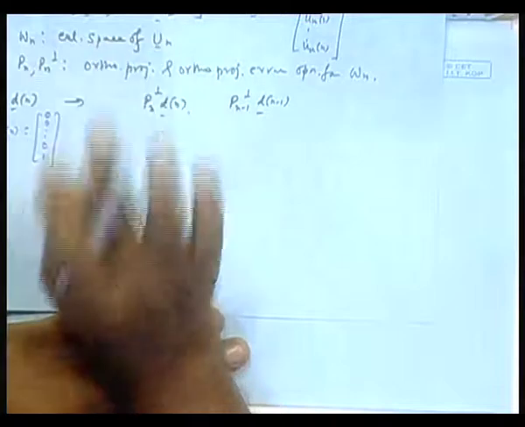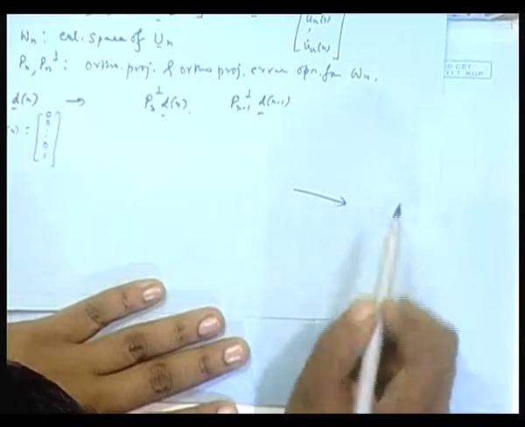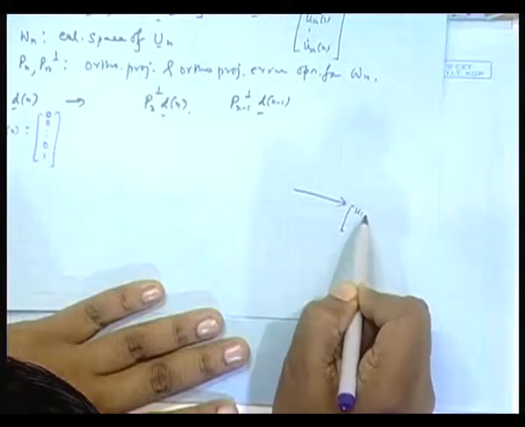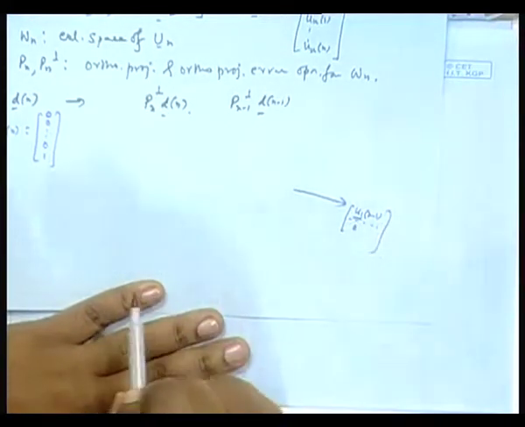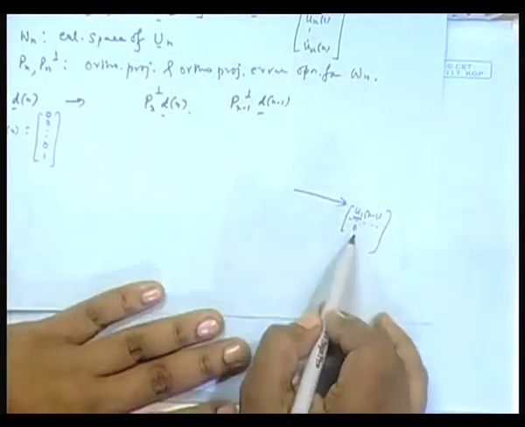Un has only one column vector. I will generalize it to this case, but suppose I have got only one column vector, which is U1 n. And this guy corresponds to U1 n minus 1 and then 0. Okay. There is U1 n minus 1 vector and then just have 0 here.